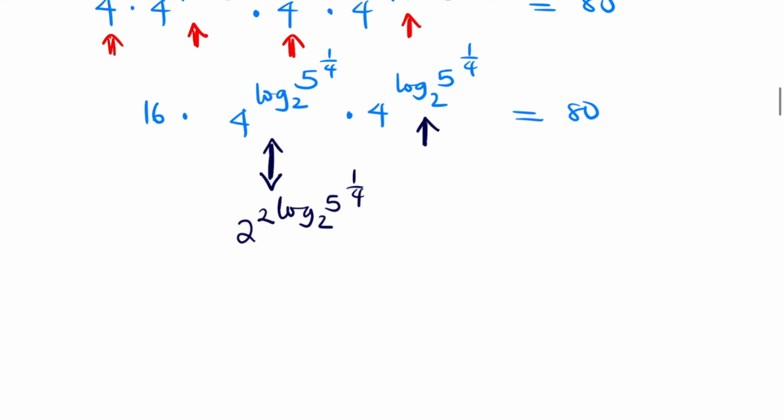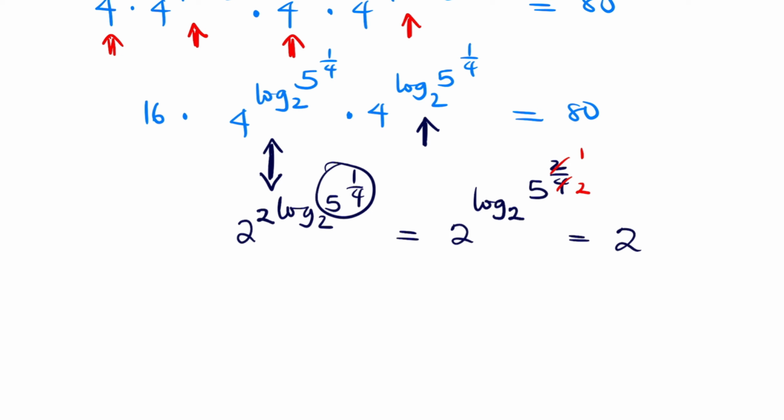So still working on this, if we take this power and bring it right here, this becomes 2 raised to power log 2 base 2 of 5 raised to power 2 over 4. And 2 divided by 4, 2 here is 1, 2 here is 2, leaving us with 2 raised to power log 5 raised to power 1 over 2 base 2.